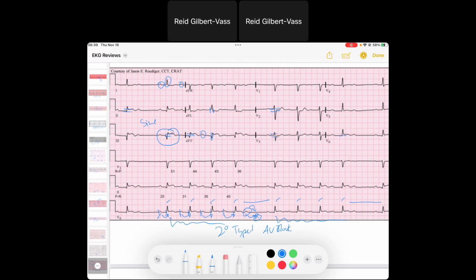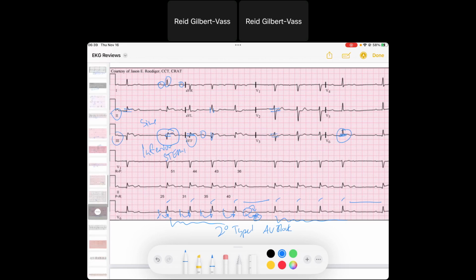We've even got a little bit of elevation here in V6, not as much, but definitely in leads 2, 3, and AVF. So I would say this person has an inferior STEMI until proven otherwise. And that might be the cause of maybe that AV block, or maybe that's just they live with that AV block. So this individual has an inferior STEMI.